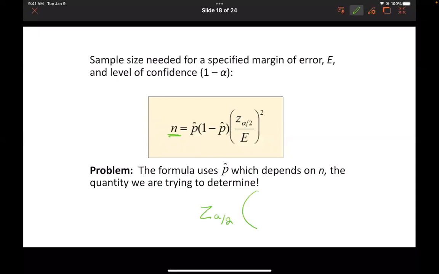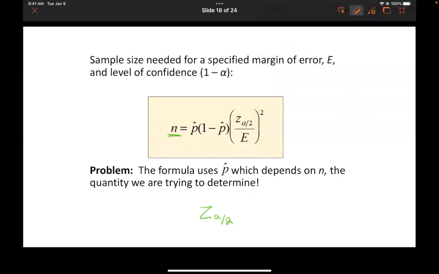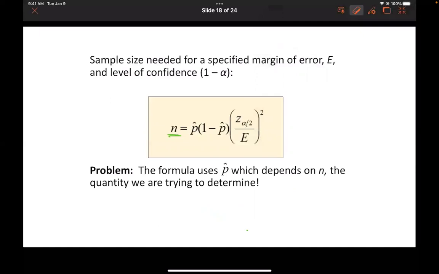Because it would be really terrible if I gave you the margin of error formula and then said, solve for n. I have the z-score, and let's say my margin of error is 0.02, and I have all those other values, solve for n. That wouldn't be very nice of me. So instead, I solved for n for you. It looks like a whole new formula, but it's just the same one reorganized.